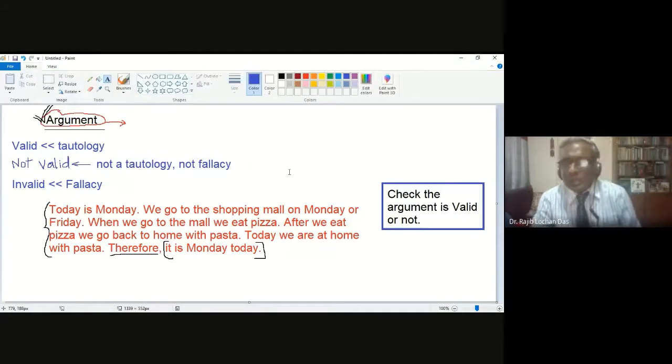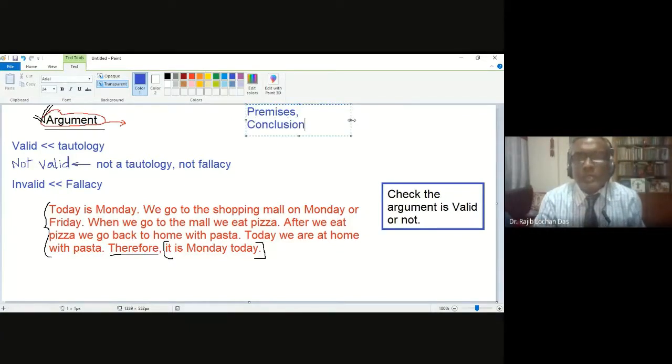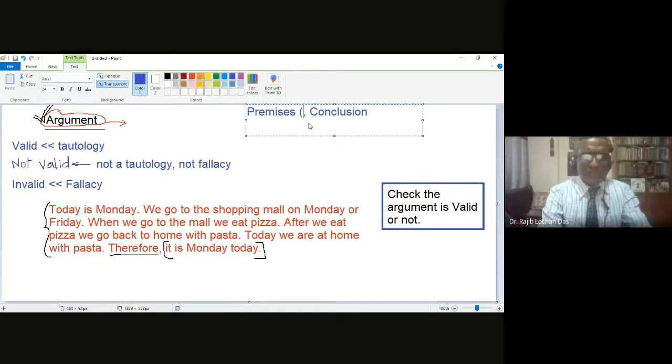Let us discuss that a little. The two parts in the argument are called premises and conclusion, right? Let us think that the premises will be x and the conclusion will be y.